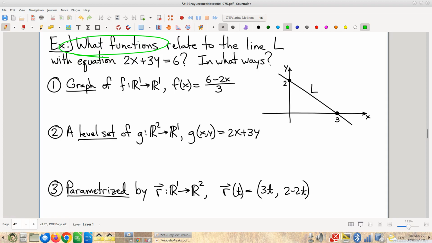It's not just a formula. I need the domain and the target and the rule of assignment, right? So notice I didn't just say f of x equals blah, blah, blah, right? We've got the domain and the target and the rule of assignment there. So that's what makes this a function. Everybody happy?